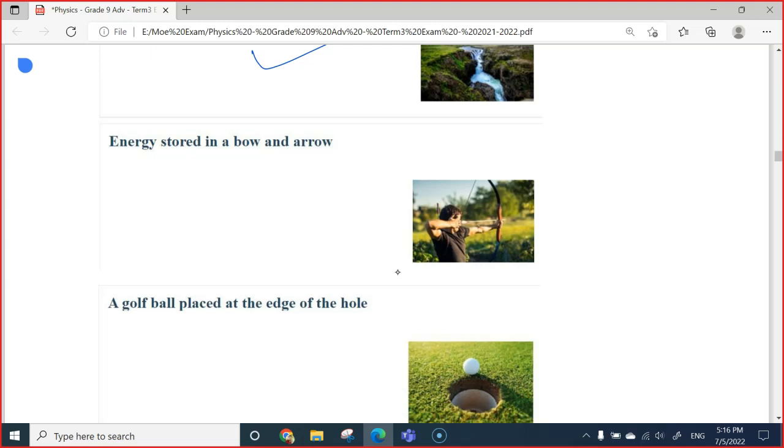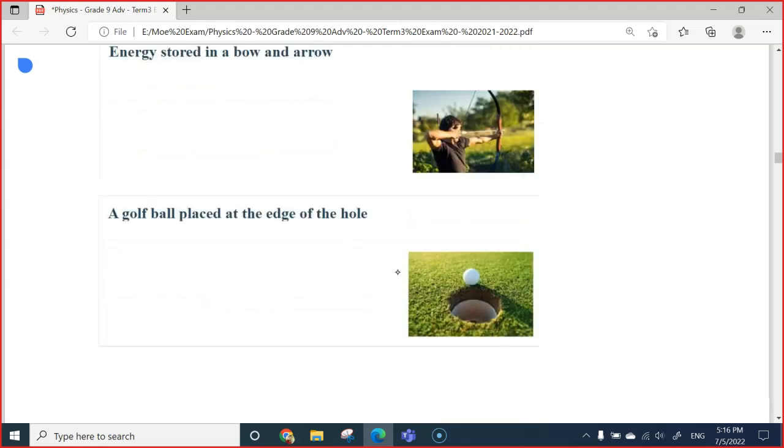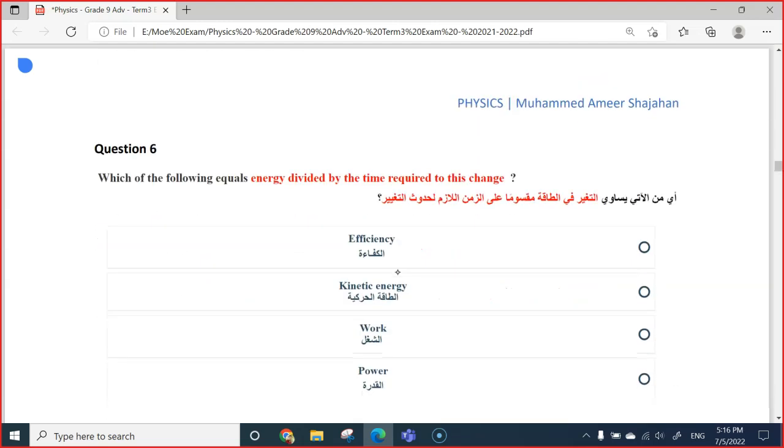The string is actually stretched, so there will be elastic potential energy, not kinetic energy. Then a golf ball placed at the edge of the hole is not moving, so its kinetic energy is equal to 0. So only the flowing water has kinetic energy in this question.